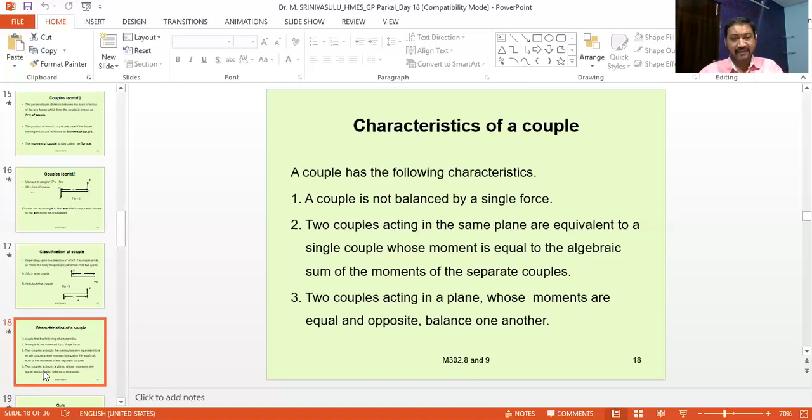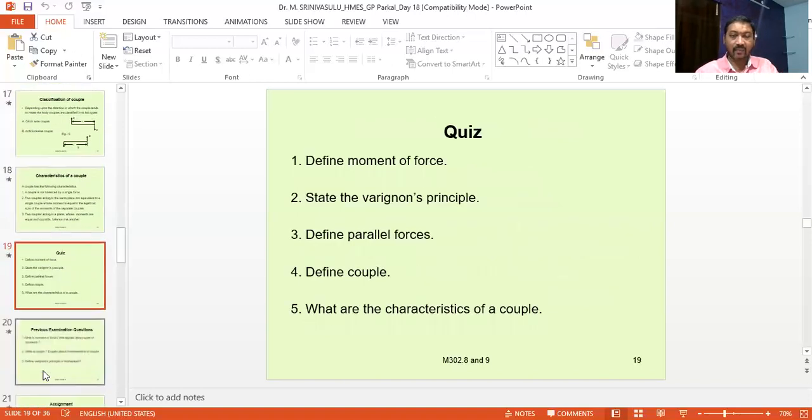So one is clockwise, another is anti-clockwise, and the net effect will be zero. So that means to balance a couple acting on the body in some direction, we have to apply another couple in the opposite direction to balance that couple. So that is the meaning.